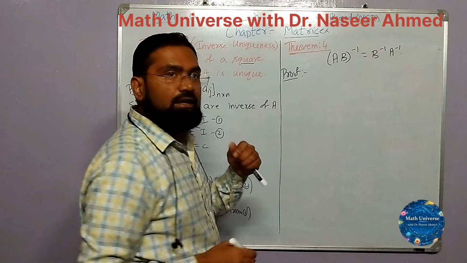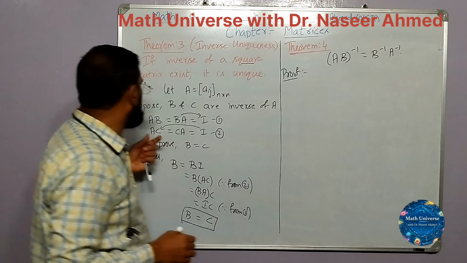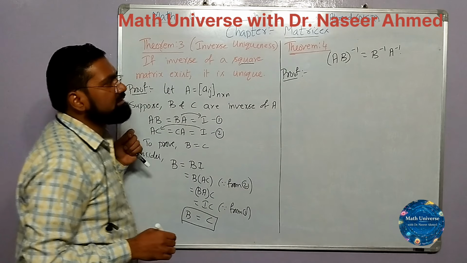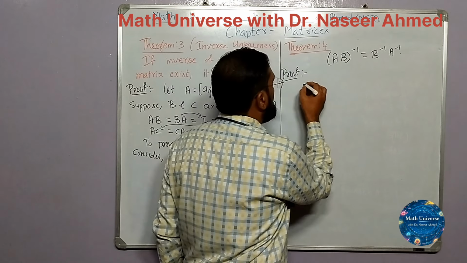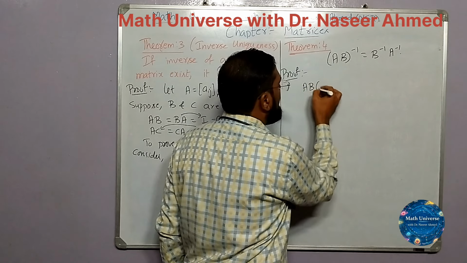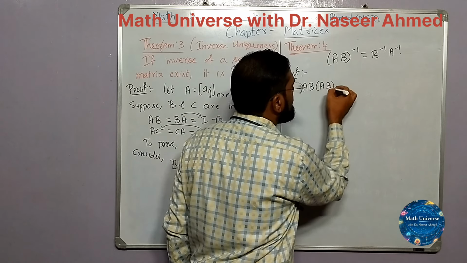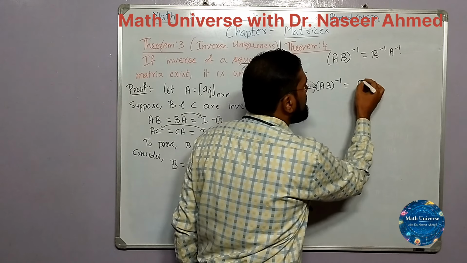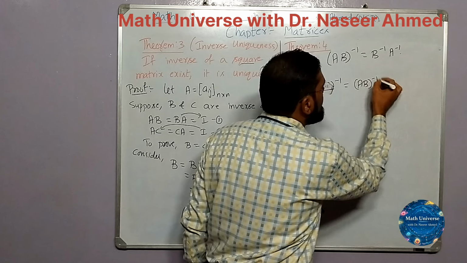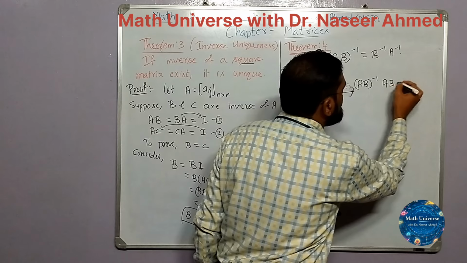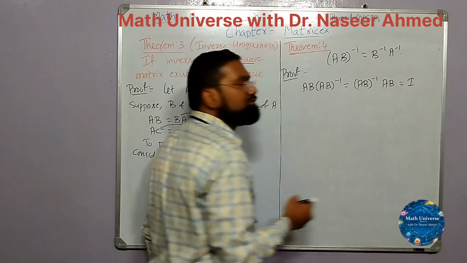If A and B are invertible matrices, then AB into the inverse of AB should be the same as the inverse of AB into AB, which should be equal to identity. I have just used the definition.